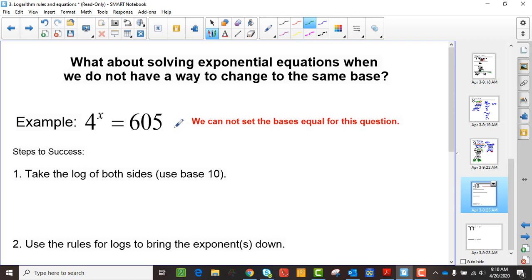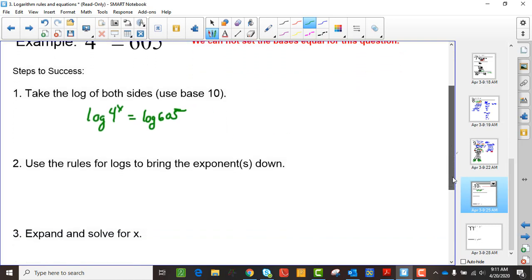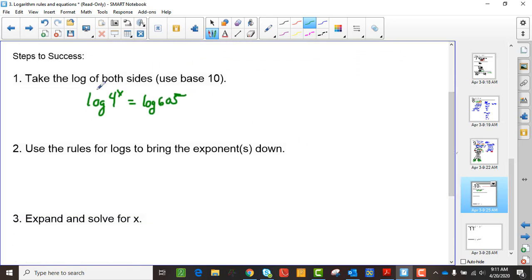So whenever you have an exponential equation where you can't find a similar base, we use logs. And we use logs because if you take the log of both sides, what the log rules say you can do, and this is why it's helpful, is you can actually bring the exponent down. So I can write this as x log 4 equals log of 605.